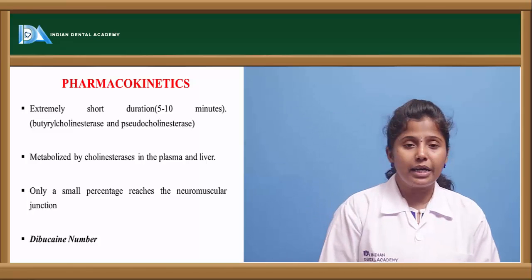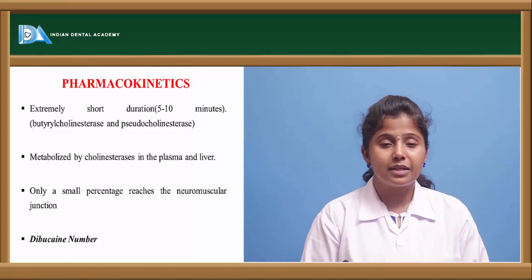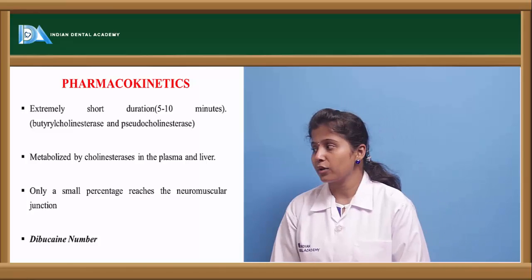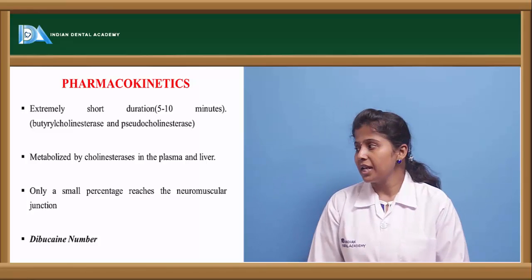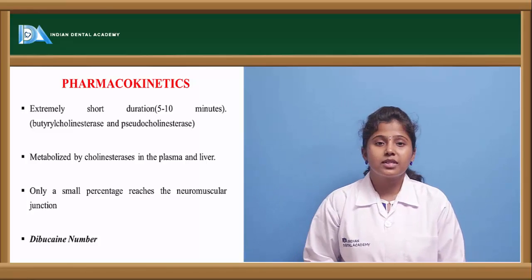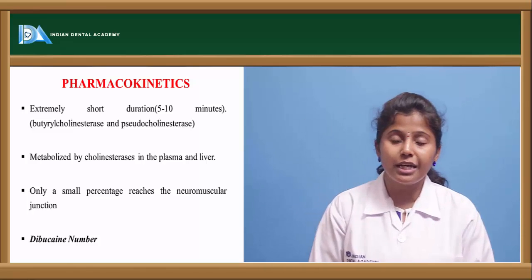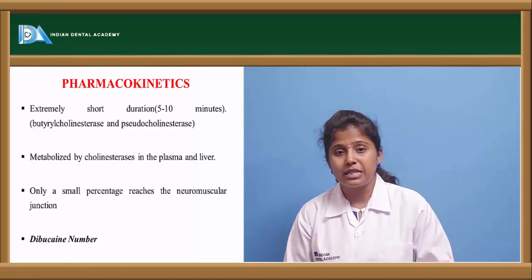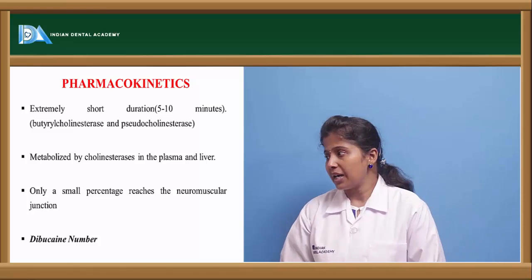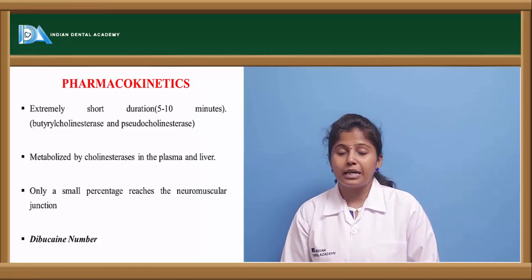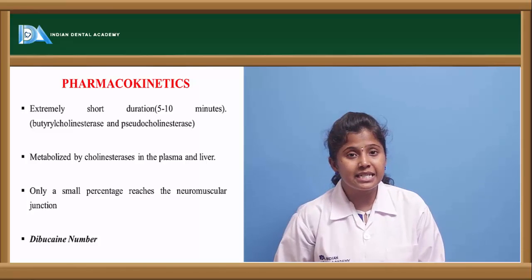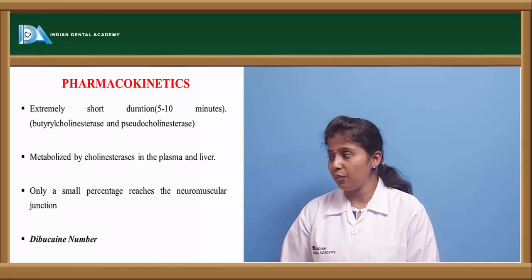Let us see the pharmacokinetics of these drugs. These drugs are extremely short acting, acting for about 5 to 10 minutes, and they are more susceptible to butyrylcholinesterase and pseudocholinesterase enzymes. These enzymes are present in the plasma, and the drugs are metabolized through the cholinesterase enzymes present in the plasma and liver.